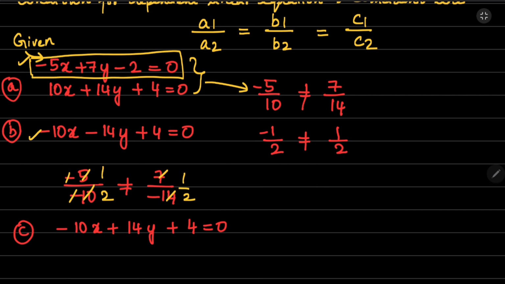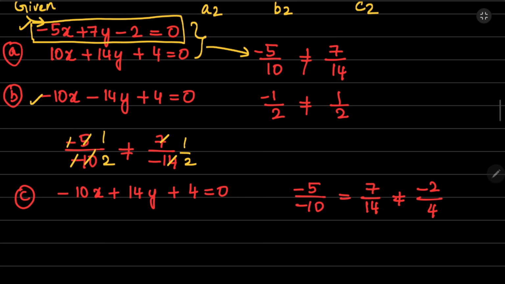So for the given equation, A1 is minus 5 by minus 10, and the second one will be 7 by 14. Yeah, both these are correct. And the third one, it's not equal because it's minus 2 by 4. So the first one you will get as 1 by 2. This 7 by 14 is also 1 by 2. But here it is minus 1 by 2.